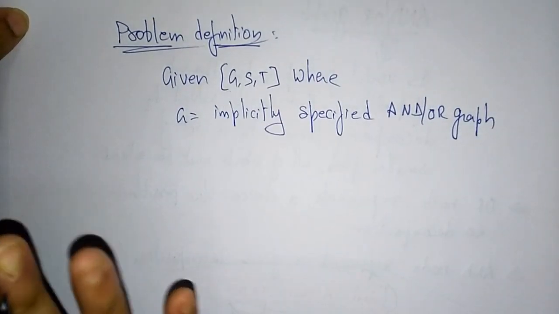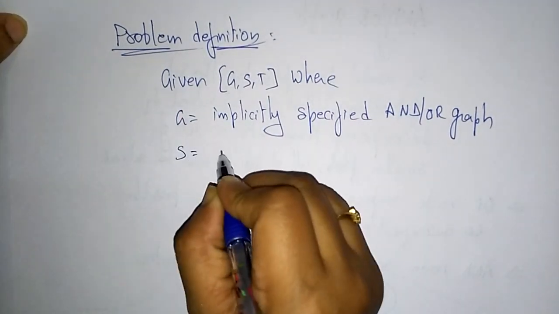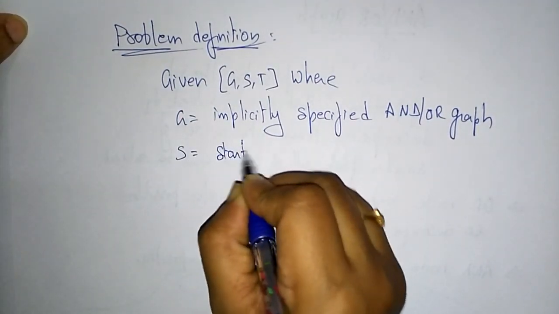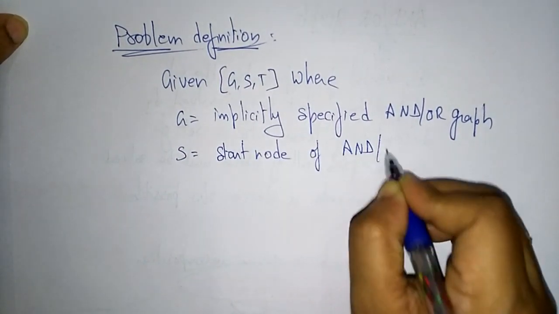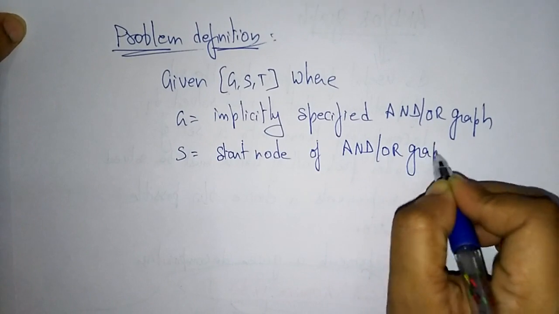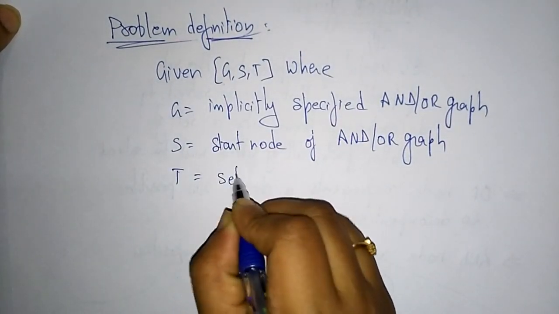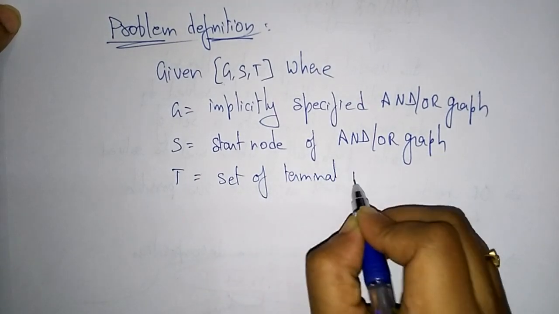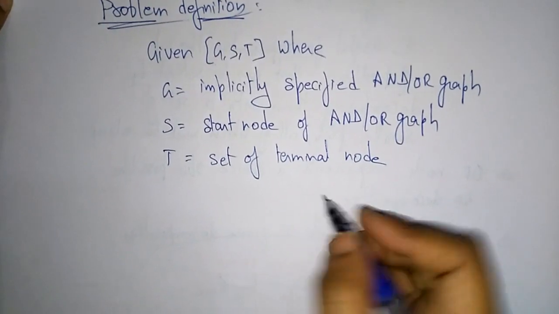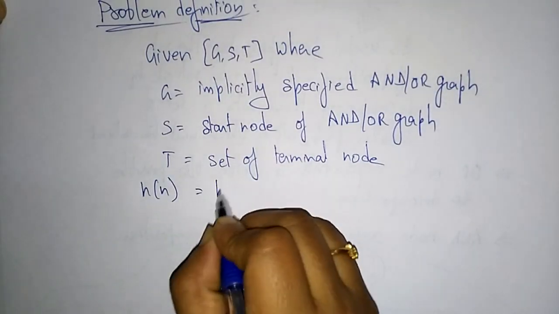G is nothing but a graph, implicitly specifying some AND or graph, and S represents the start node of the AND or graph. Next, T represents the set of terminal nodes. Whatever the terminals are in the tree form, T represents that set of terminals. And h of n will be there. This is nothing but a heuristic function.